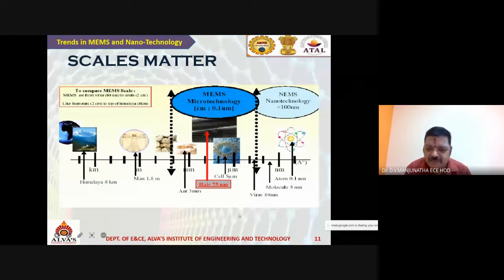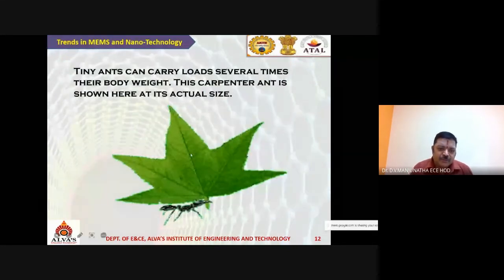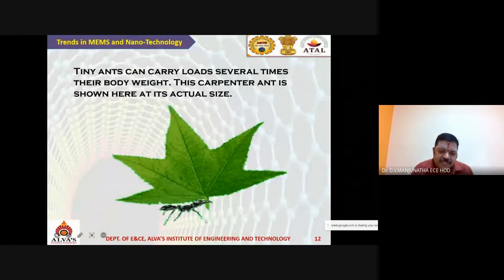So let us have this small information at this point, but later you will get the details about nanotechnology from other speakers. You know the tiny ant, which is of millimeter size, can carry tons of load, right? It carries loads several times its body weight.